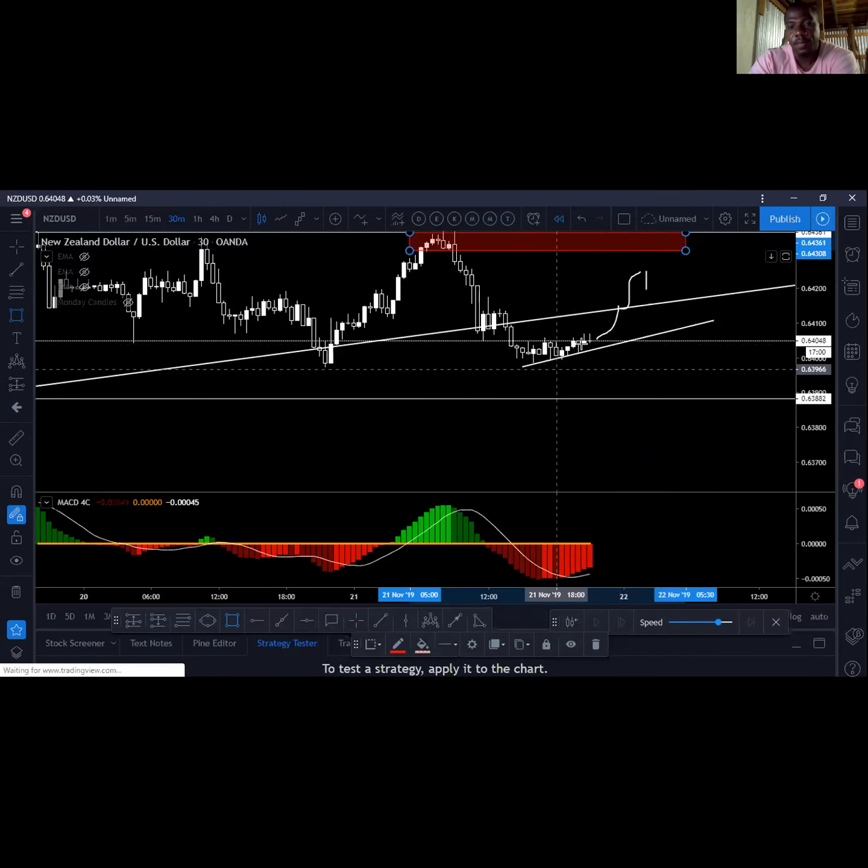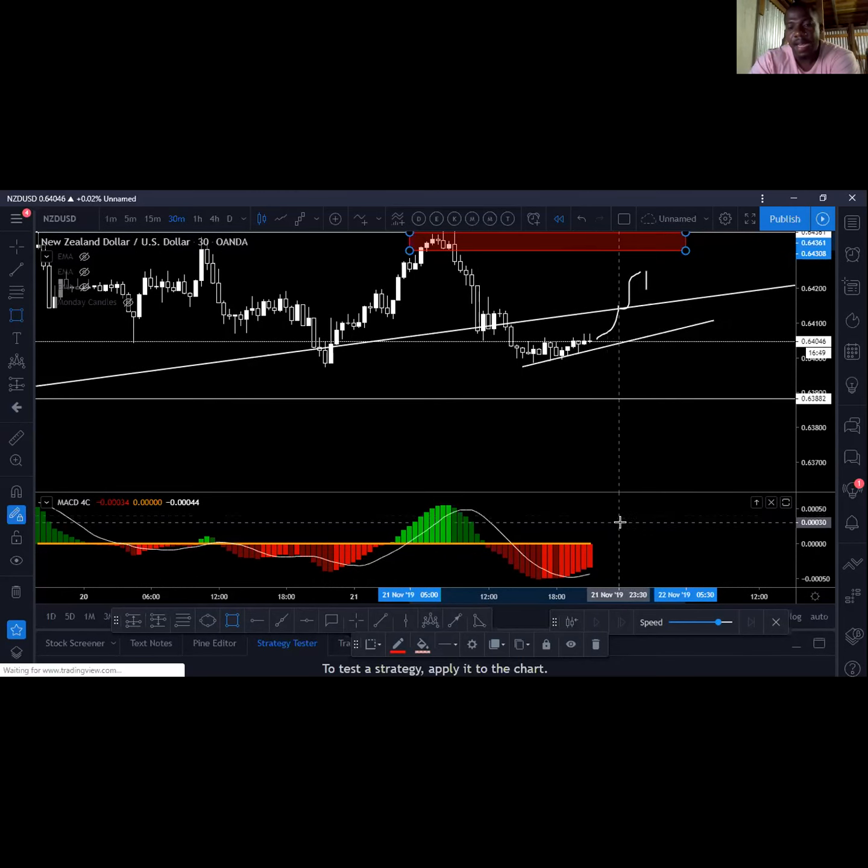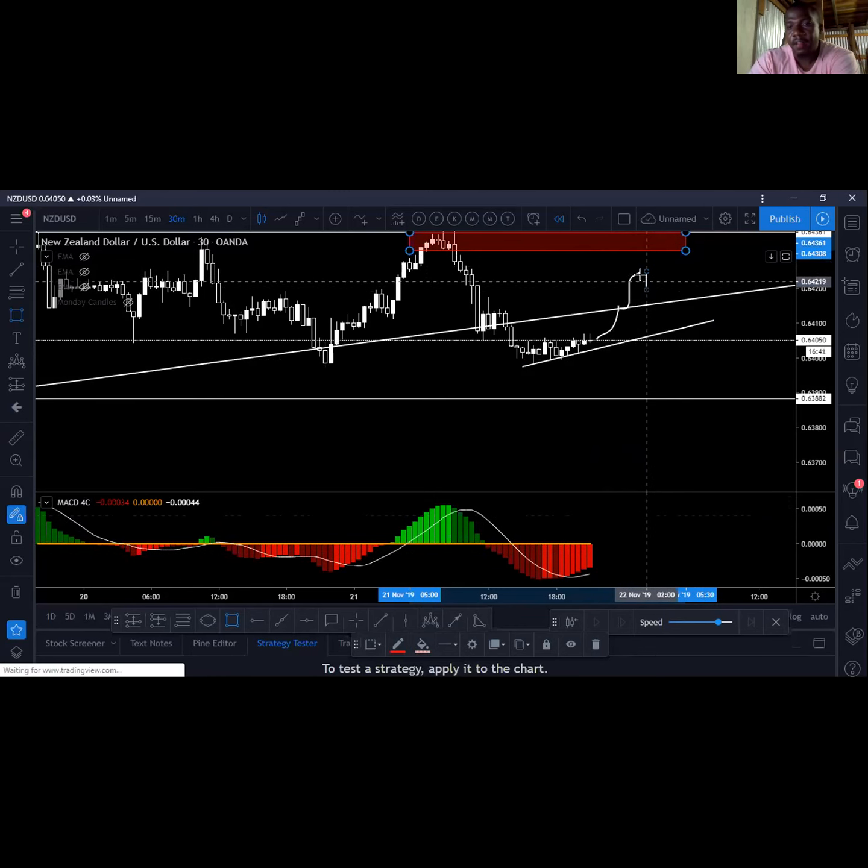Sometimes the market may give you that engulfing and not sell before it reaches the zone, but that's when the MACD would come in handy. When you see the MACD come up and then start to head back down to the 0 line to break back below. So after you see the engulfing candle, you might start to see that happen.